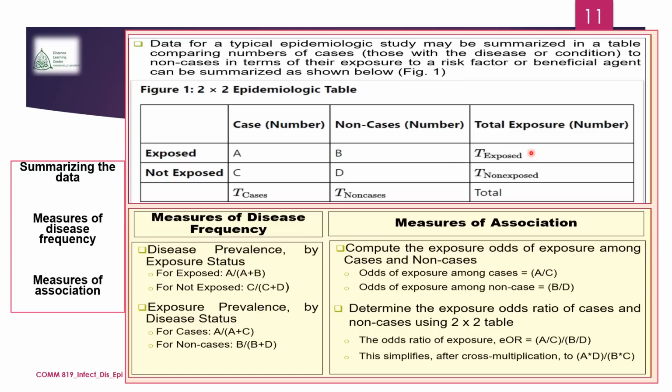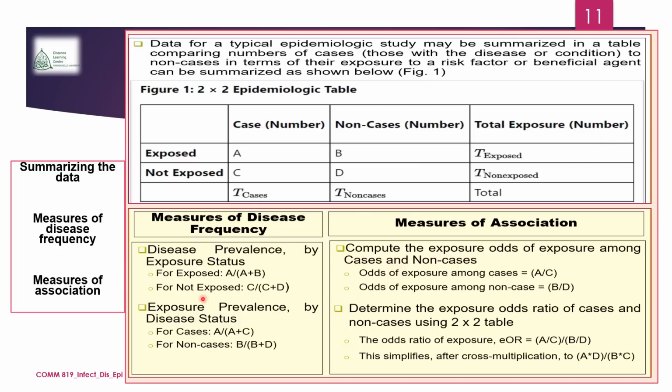A over total, that's A plus B. Then for not exposed, it will be C over C plus D. So that is how to calculate the disease prevalence for the exposed and for the not exposed. Then to calculate the exposure prevalence by disease status, we're looking at it column wise, because the case here is the disease.